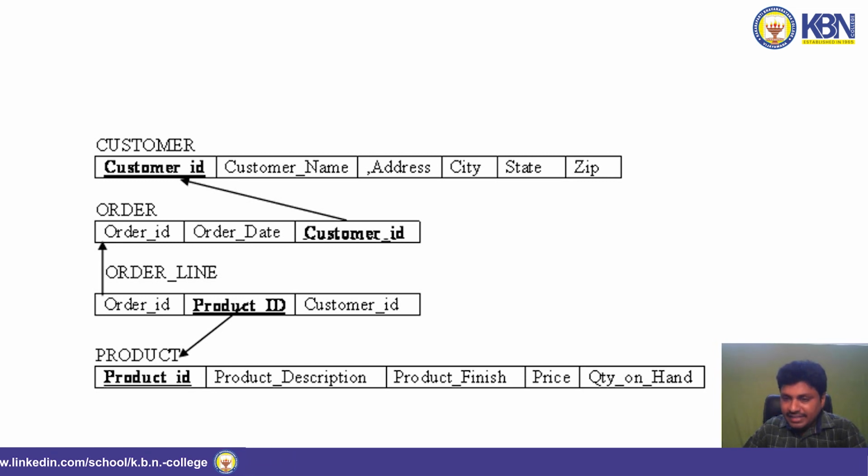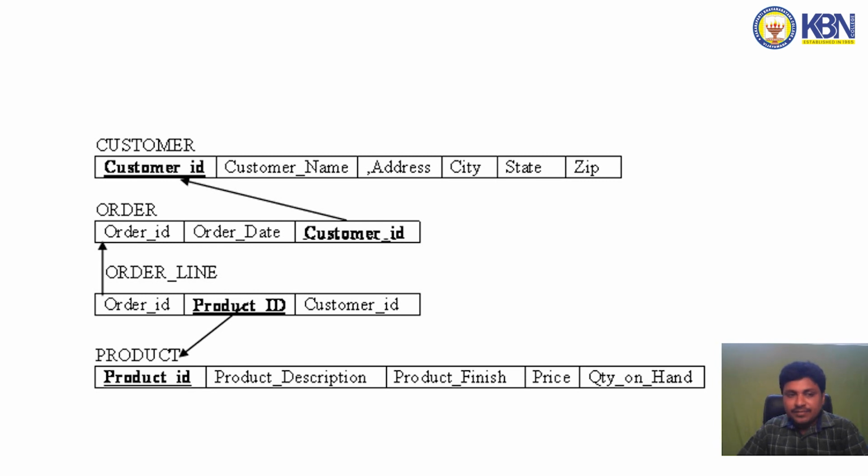The customer ID is the link between them. Next, the order line table has order ID, product ID and customer ID. And the product table has product ID, product description, product finish, price, quantity on hand. The order line and product share a similarity: product ID is the key attribute. With the help of these references we can achieve the relationships.